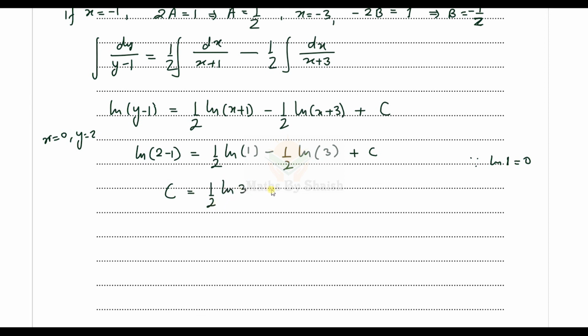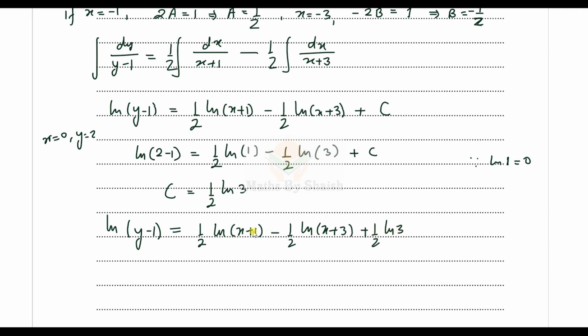So it is the value of c now. Now we'll replace in the equation, and we'll get ln of (y minus 1) is equal to 1 over 2 ln of (x plus 1) minus 1 over 2 ln of (x plus 3) plus 1 over 2 ln 3.